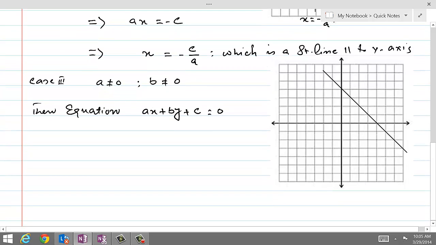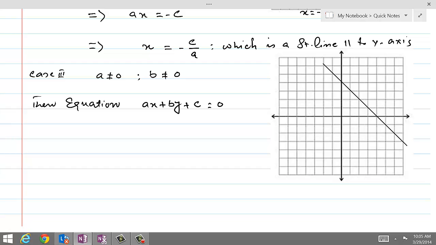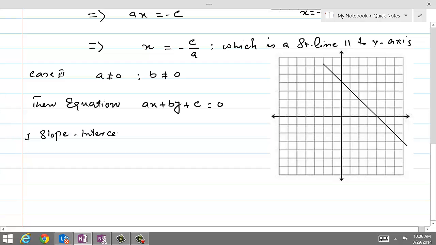can be reduced to a slope intercept form, which is also a standard form of equation of straight line. And for reducing it to slope intercept form, we are going to isolate y, and for isolating y we will need to move all the terms independent of y from left side to the right side of equation.